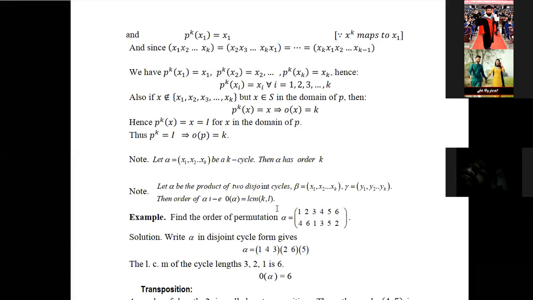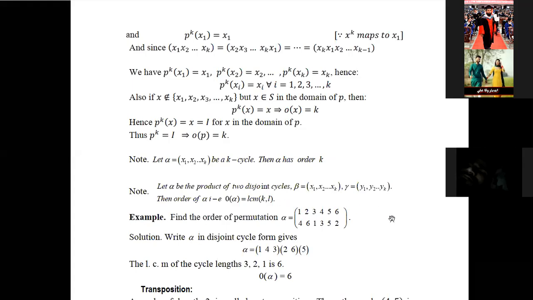We find the order by taking the LCM of both. Here the order of beta is k, and the order of gamma is l, where gamma is y1, y2 up to y sub l. Then we take the LCM of k and l.